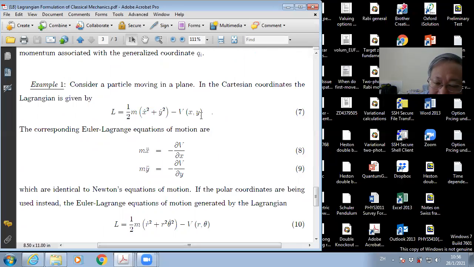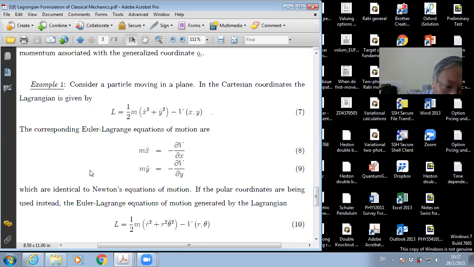Okay. The second part is the potential energy. Then the corresponding Euler-Lagrange equations of motion are m x double dot equals minus ∂V/∂x, m y double dot equals minus ∂V/∂y, right? Which are identical to Newton's equations of motion.